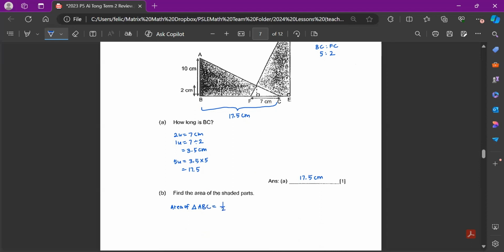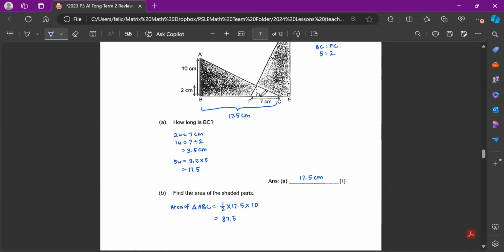So half times the base, which is 17.5, and the height is 10 cm. So notice they stretch out this whole arrow and they wrote 10. So this is 87.5. Okay.